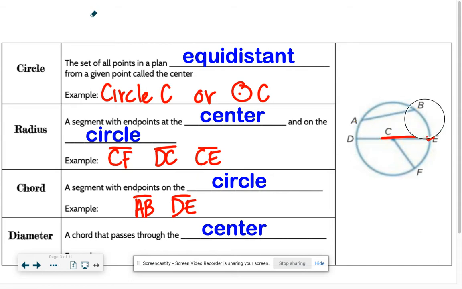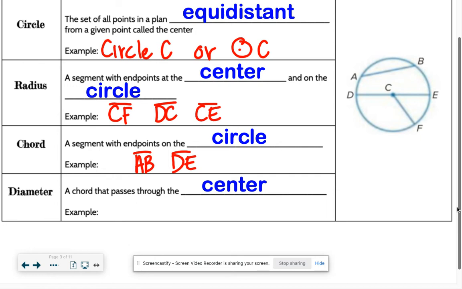And then lastly, we have a diameter, which is a more specific type of chord. It's a chord that passes through the center. A diameter has to go through your center. Otherwise, it's not a diameter, it would just be a chord. So DE is our only option on this example.